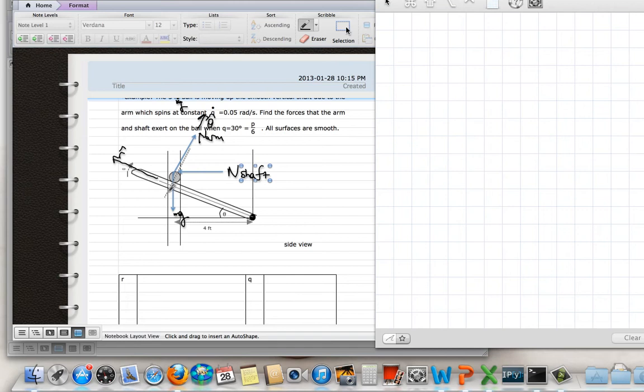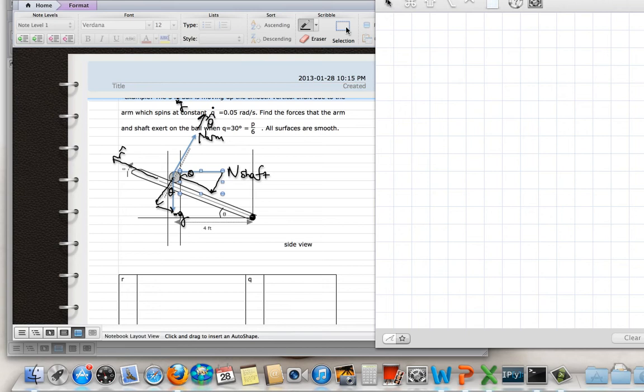We'll use this angle, which is also theta, and we see that that's a component in the negative theta direction, and that's a component in the negative r direction. This normal force from the shaft is partly in the negative theta direction and partly in the positive radial direction. Using alternate interior angles, we see that this angle up here is also theta. So we can come over here and write our force equations.